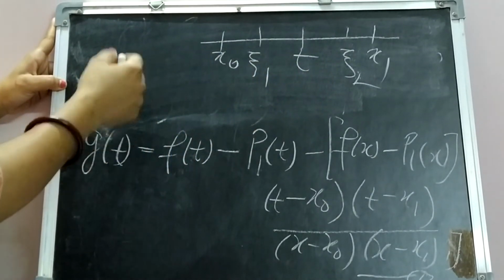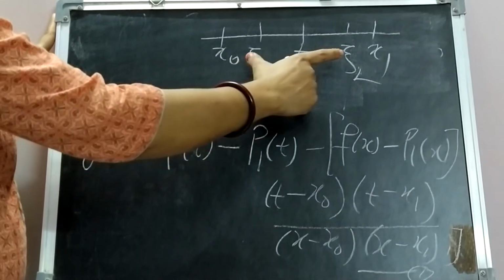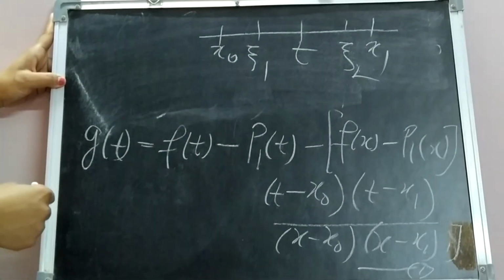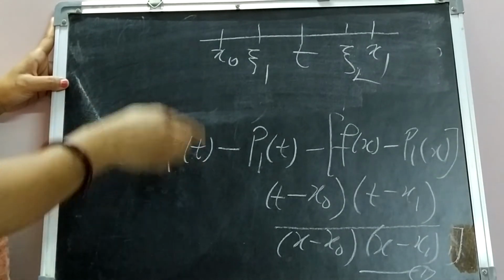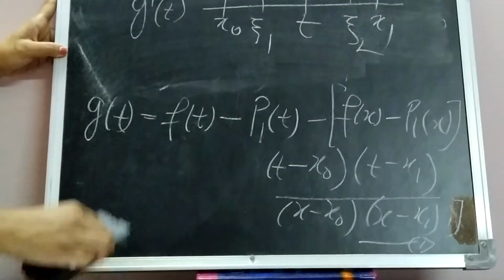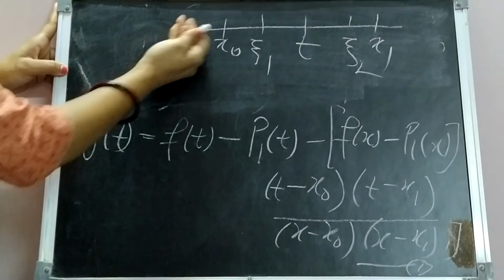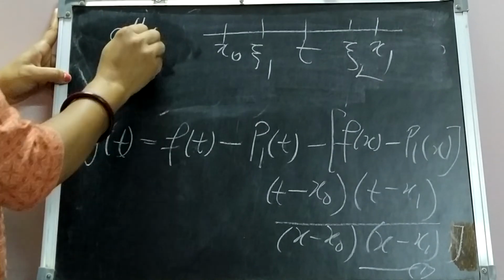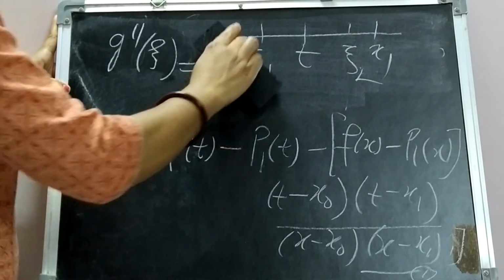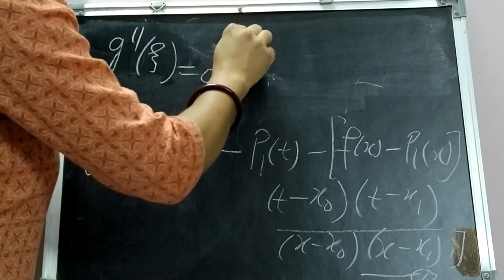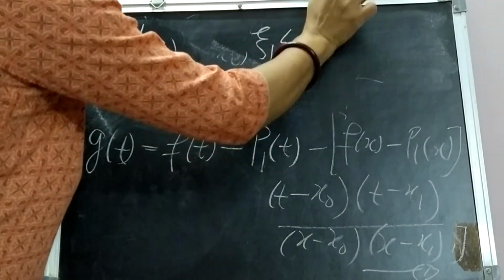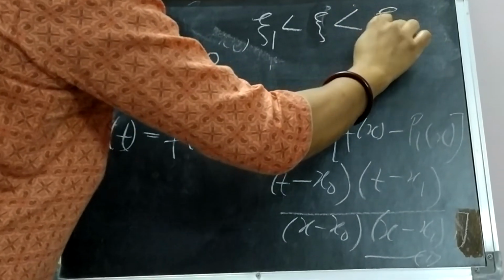Why? Because g'(t) will be continuous in the closed interval, and it will be differentiable in the open interval. So the condition of Rolle's theorem will be applicable to the function g'(t). So we will have g''(xi) equal to 0, where xi1 is less than xi less than xi2.